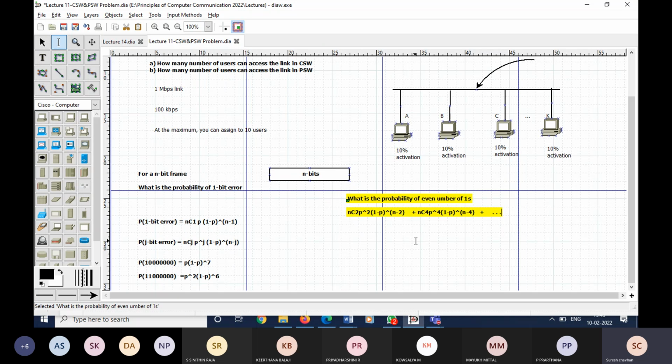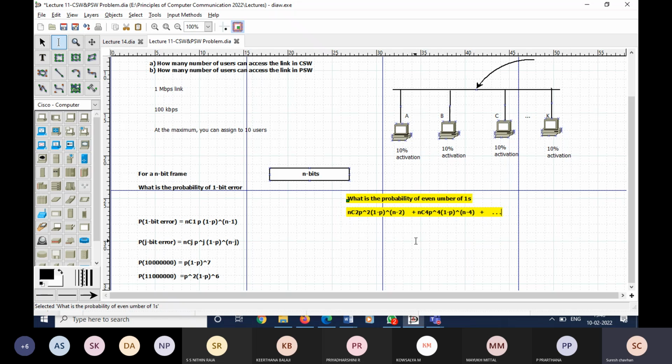Or you can also solve something like this: what is the probability of at most one bit error in the frame? So this kind of problem you can also solve.